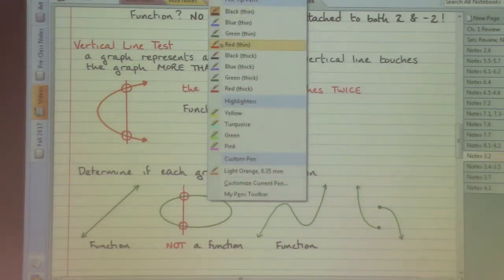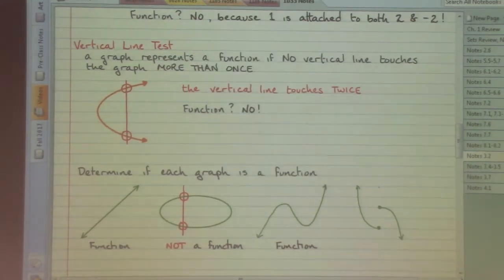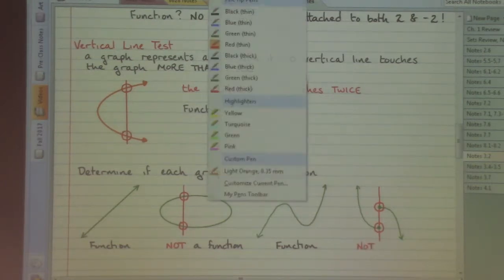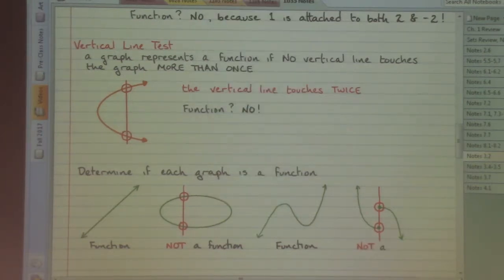So the fact that we've got the one vertical line that's passing right on through both of those dots means that in this particular case, this is not a function.